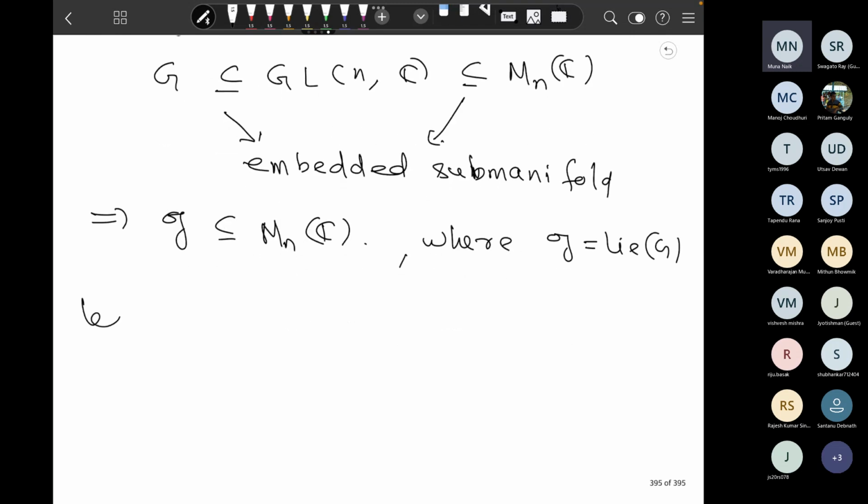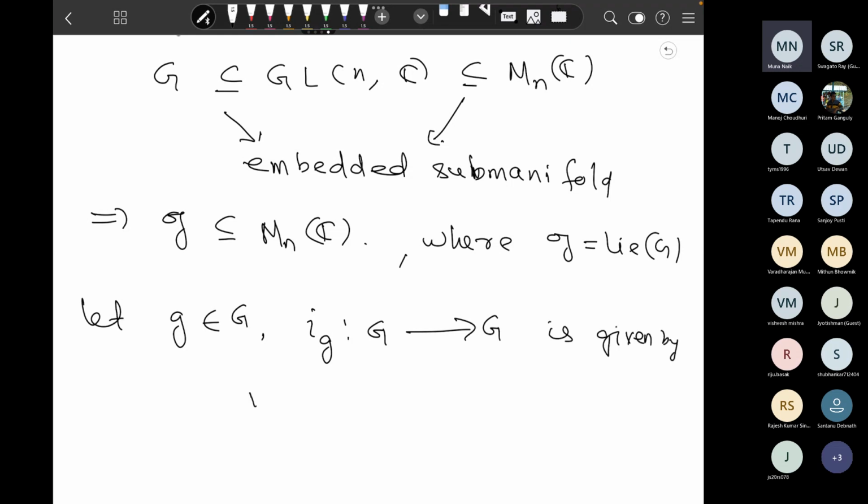Now let g belong to G. Here I_g from G to G is given by I_g(A) is equal to g A g inverse.